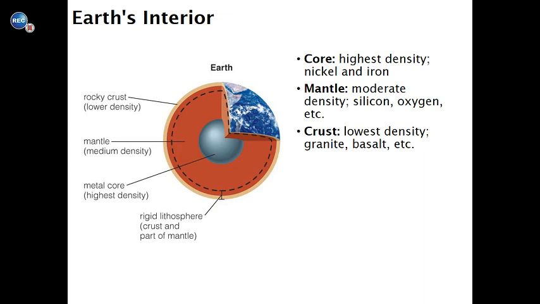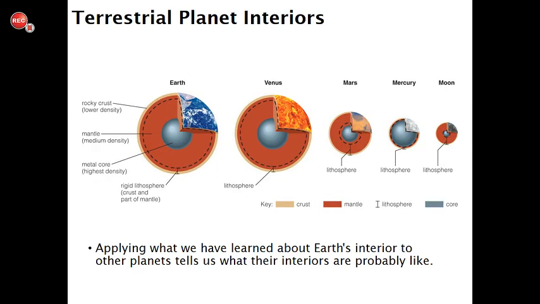And it's going to be somewhat liquid. And then at the crust, it's going to be solid again. It's going to be low density stuff, stuff like rocks. And we figure that the other planets should be mostly like this. We have reasons to think Mercury is going to have a very big core, and Mars and the Moon are going to have very tiny cores comparatively. But in general, this crust, mantle, core construction is what the terrestrial planets look like on the inside.